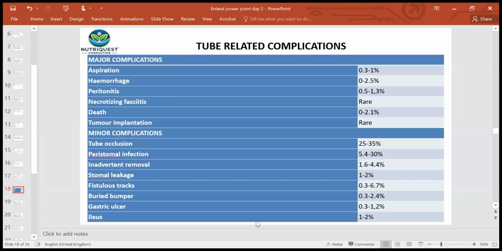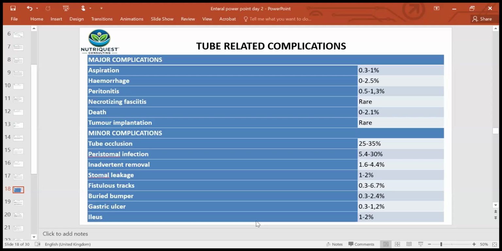Necrotizing fasciitis is quite a rare case. Death, 0 to 2.1% of cases have been reported. Tumor implantation is quite rare. We learned yesterday that a tumor might originate from the site where the tube has been placed. These are the major complications that could occur due to tube challenges.